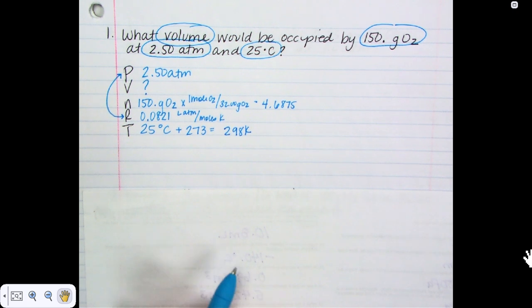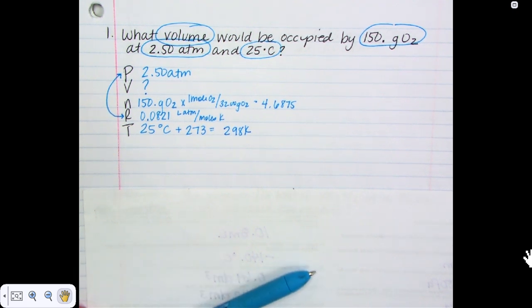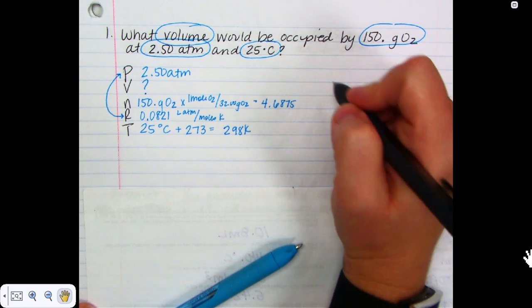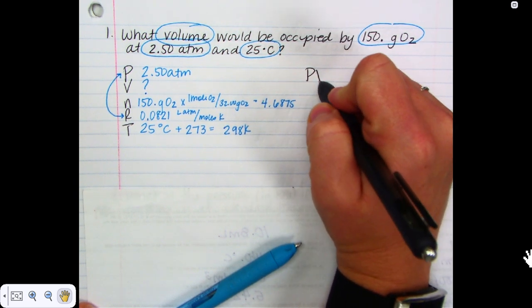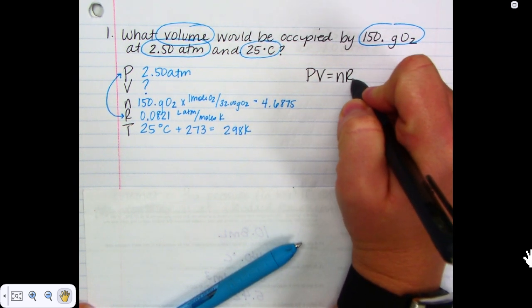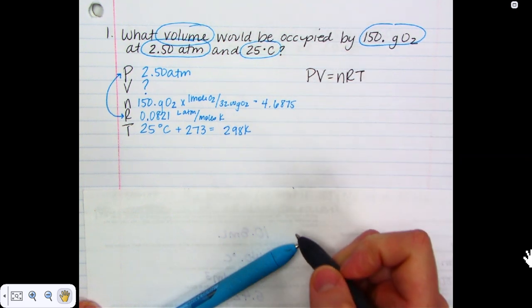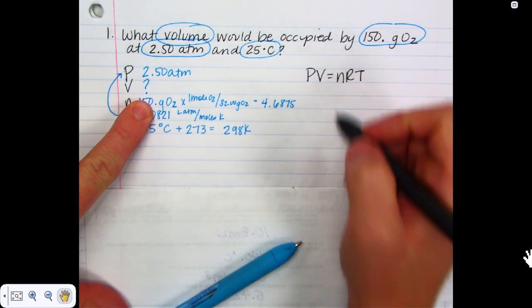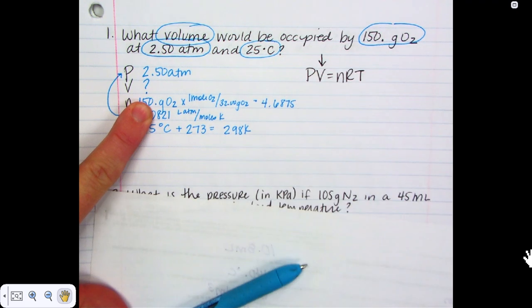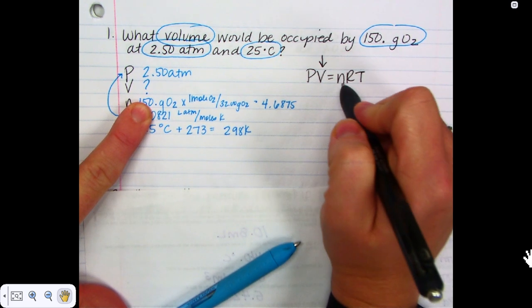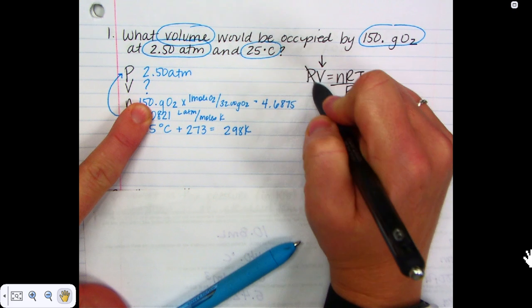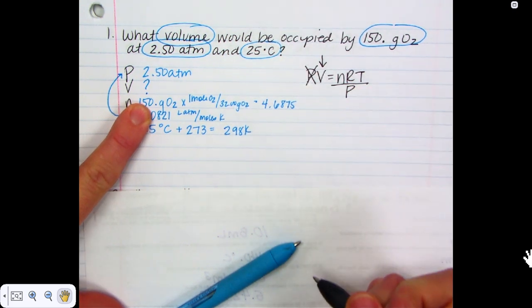So now that I have all the appropriate units, I need to look at my formula and then rearrange my formula. So I always start with PV equals nRT. And this time I'm solving for volume. So if I want to isolate the volume, I'm going to divide by the pressure to get that to go to the other side. And now I can solve for volume.